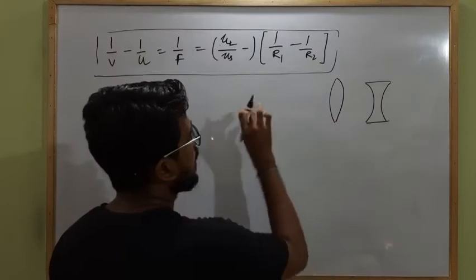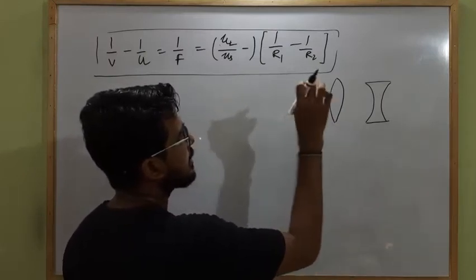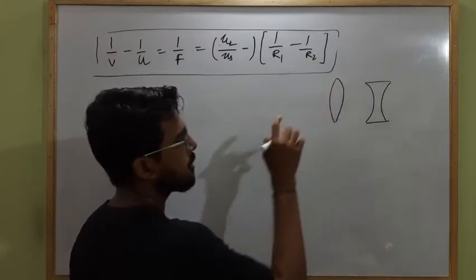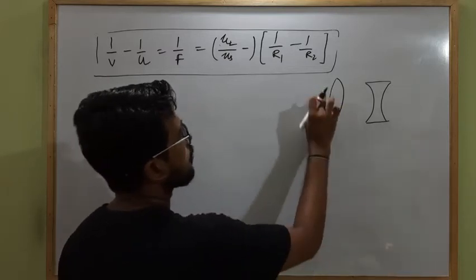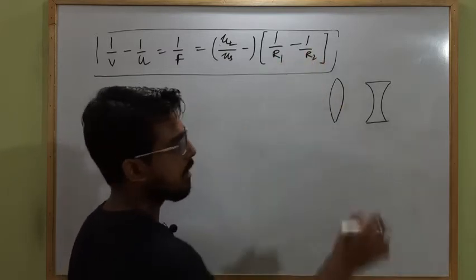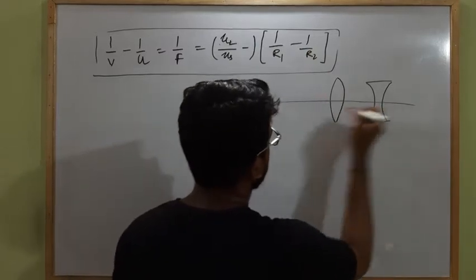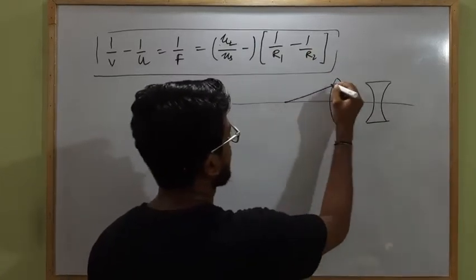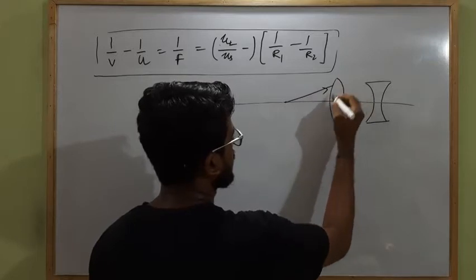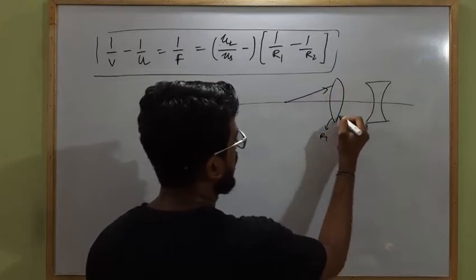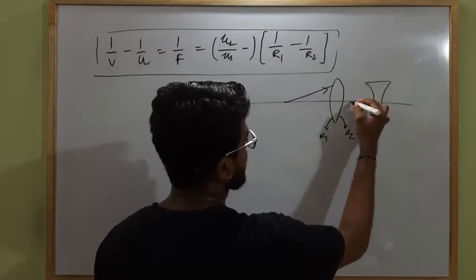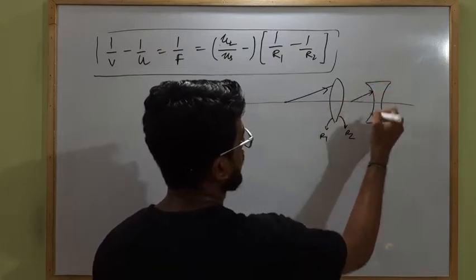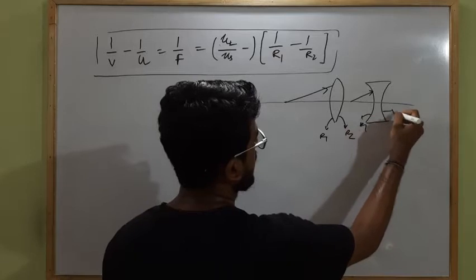Clear? So whenever the light is incident on one of the spherical surfaces first, that radius of curvature is known as R1 and the other one is known as R2. If this is the principal axis and the object is here and the incident ray first strikes this spherical surface, then the radius of this one will be R1 and this one will be R2. Similarly, if the incident ray first strikes this spherical surface, the radius of this one will be R1 and this one will be R2.